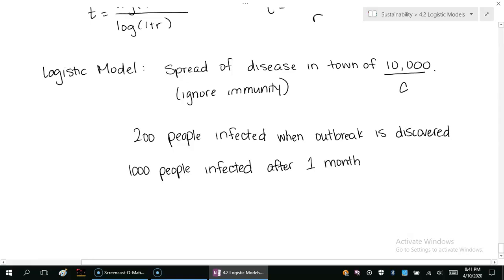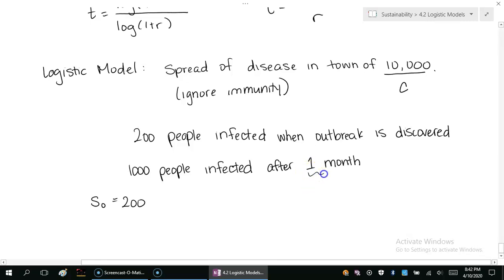Okay, so I mentioned the reason we're going to ignore immunity is so we can say the carrying capacity is 10,000. This information also gives us the initial stock value. It says S sub 0 is 200, so when we first realized there's an infection and we start taking data, the first stock level of infected people will be 200.